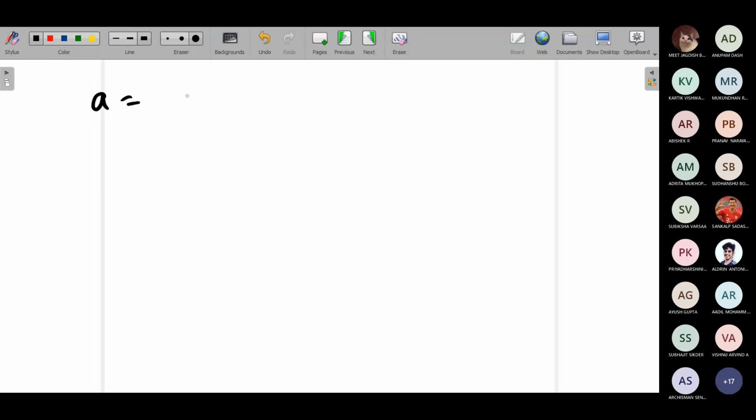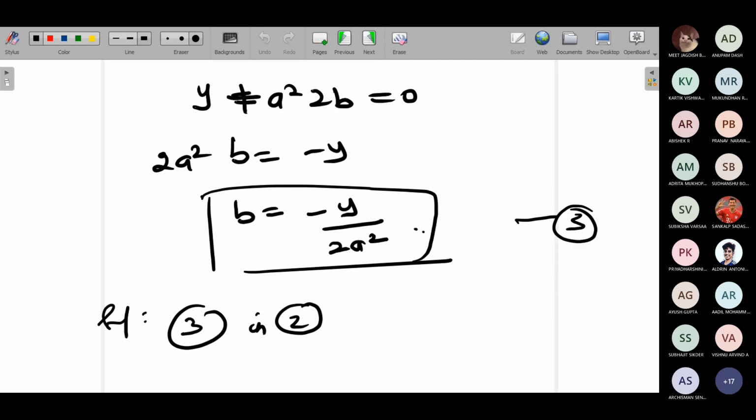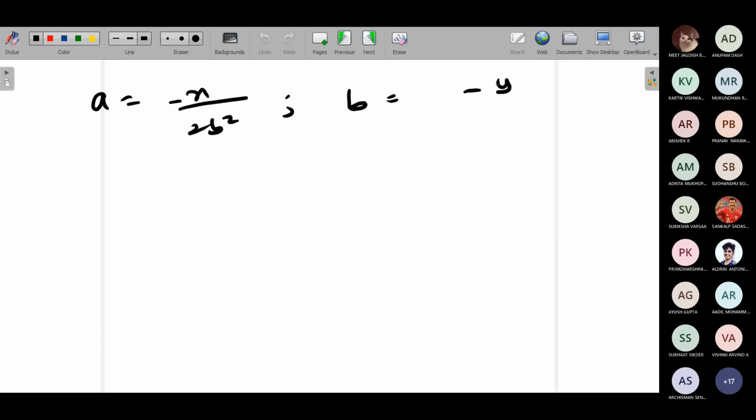What is my a? A is minus x by 2b square and my b is minus y by 2a square.